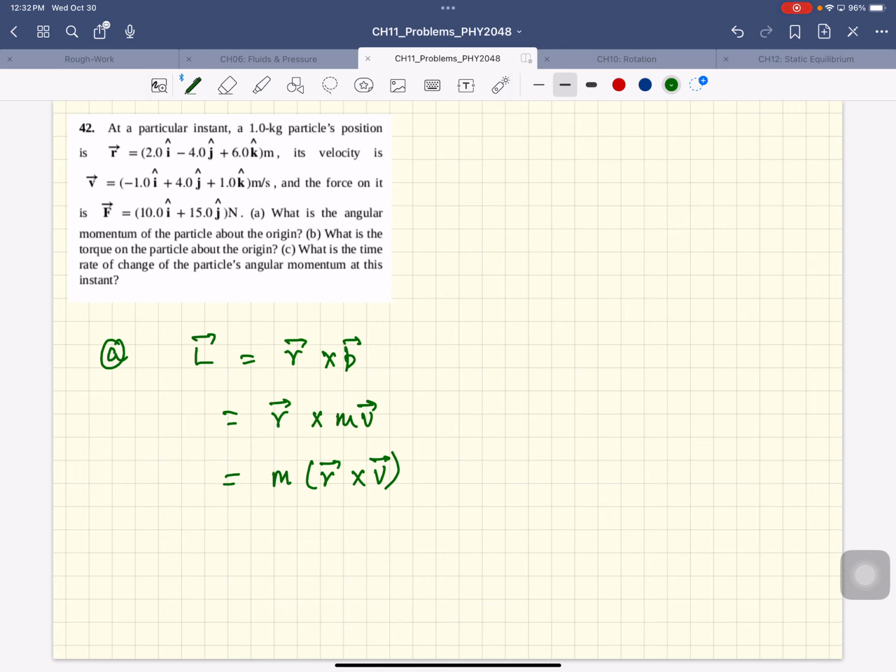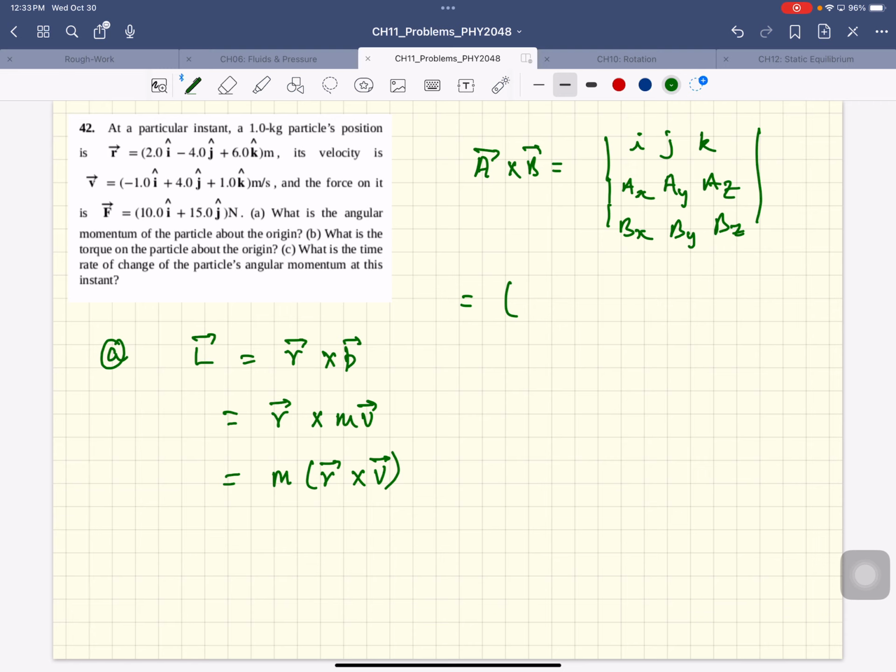I'll remind you about the cross product. If you have done determinants, it's i, j, k, Ax, Ay, Az, Bx, By, Bz.